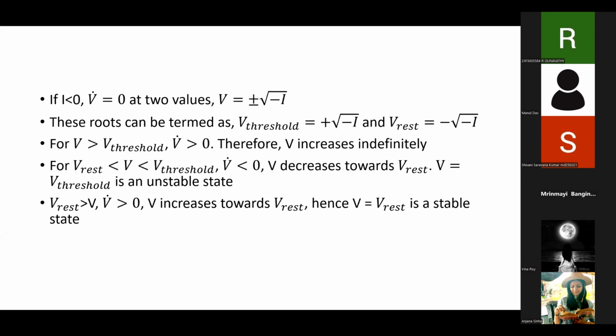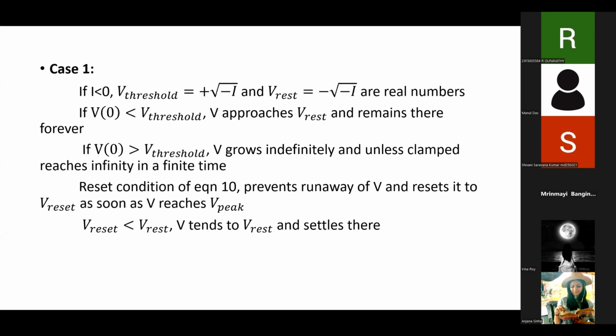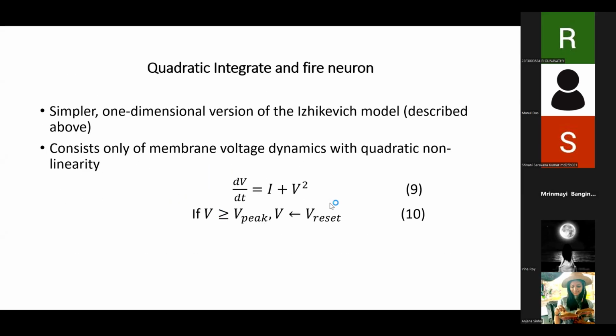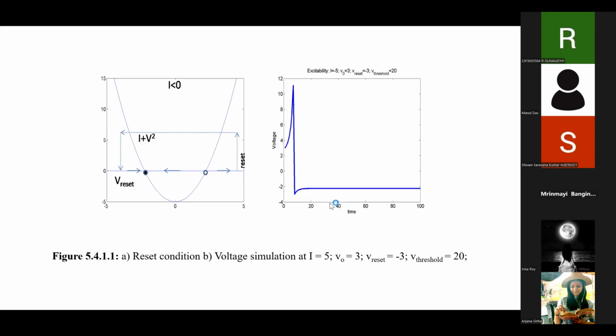It's a very interesting neuron. So look at case 1. The same equation, now I'm just showing it graphically: dV/dt is equal to this. So I plot dV/dt as a function of V. The y-axis is dV/dt, which is I plus V squared, and the x-axis is V. This is a plot of I plus V squared.